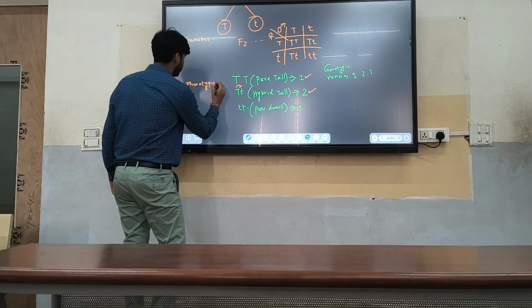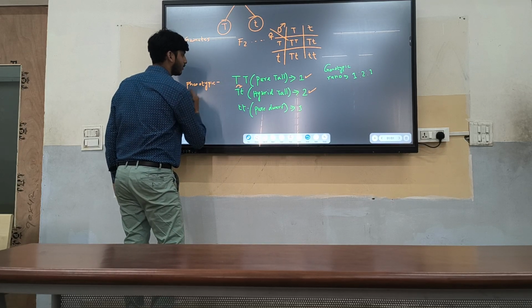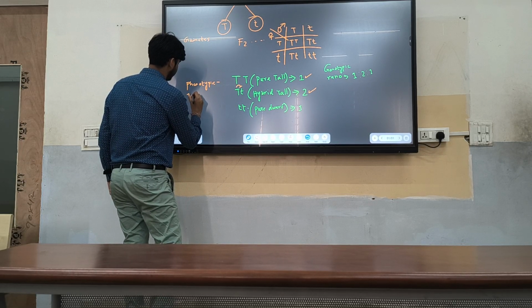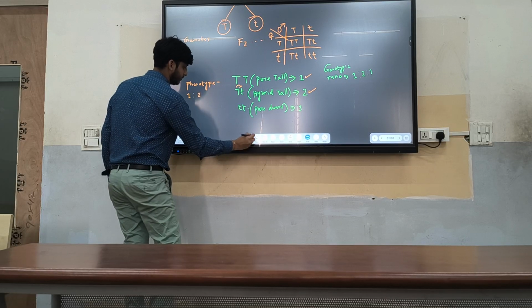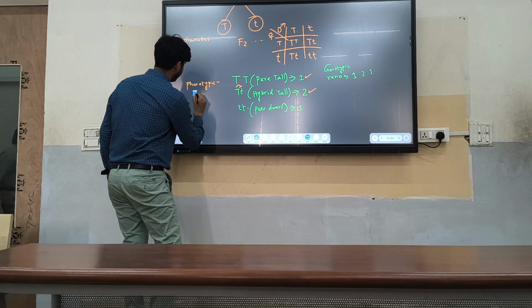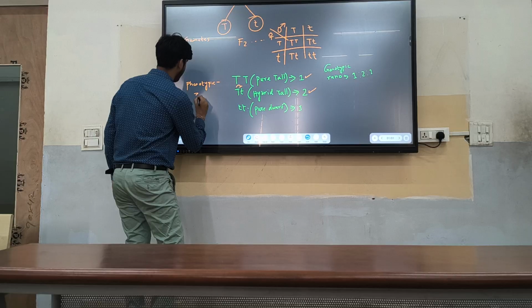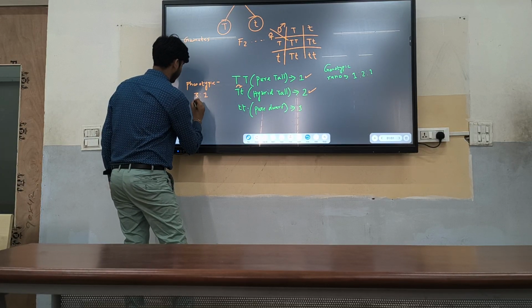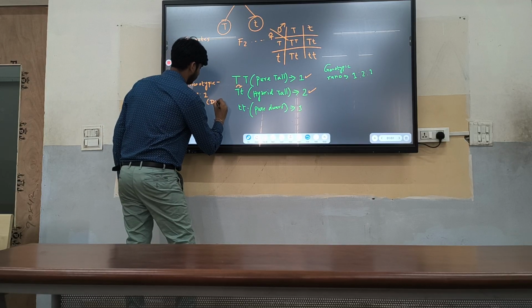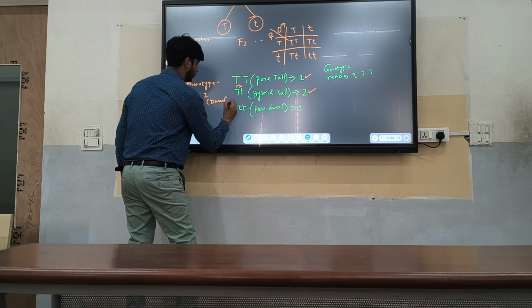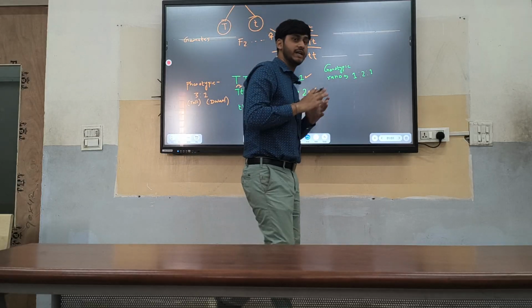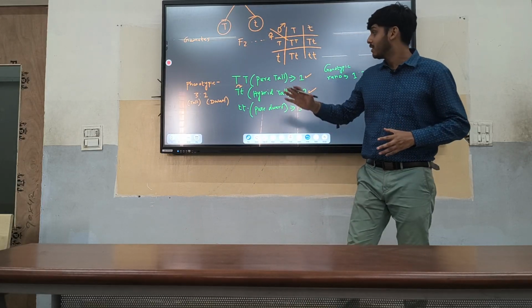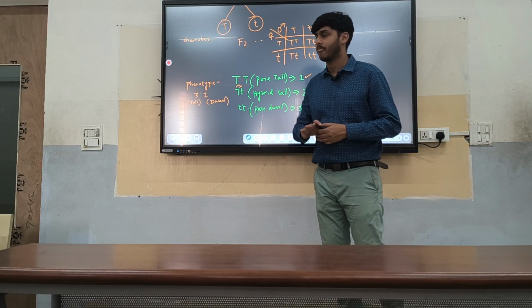Okay. So 1 plus 2, that means 3:1. That is tall is to dwarf. So this will be the ratio of Mendel's monohybrid cross.